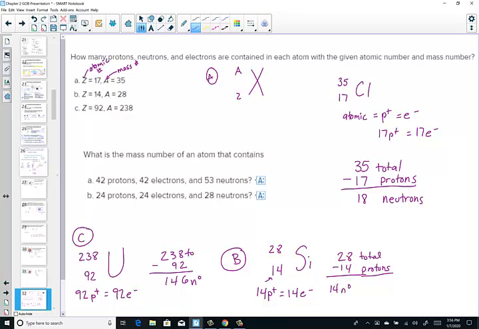The total mass, 238, of that 92 of those were already accounted for as protons, leaving the remainder to be the neutron number.